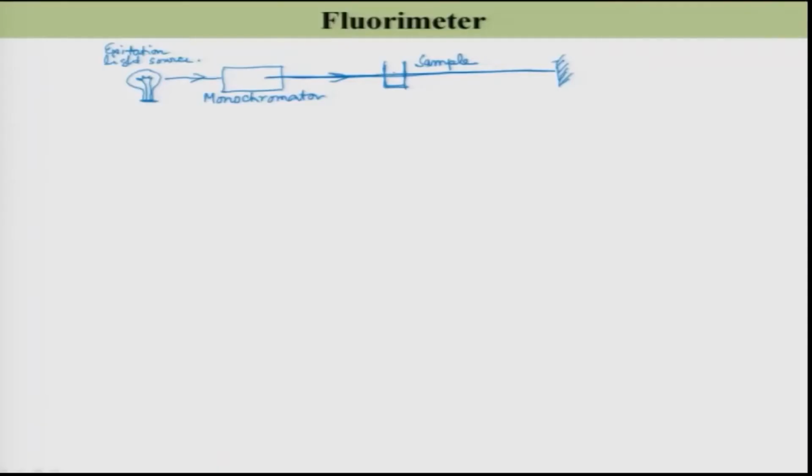The emitted photons are directionless. The emitted photon could go in this direction, also here and here, in all directions. So this is spontaneous emission.